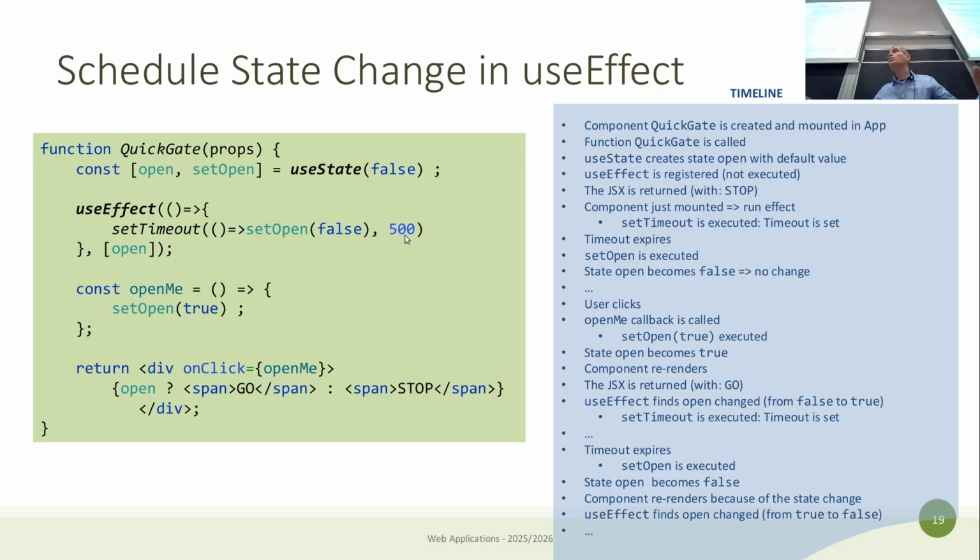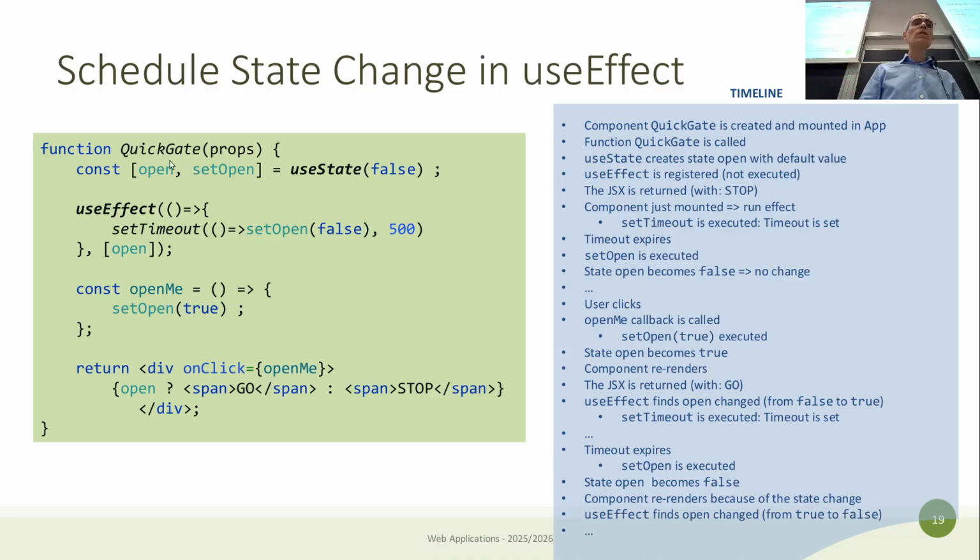Then nothing changes. We don't do anything as a user. And then the 500 milliseconds timeout expires. And so the setOpen function is put in the callback queue of JavaScript. It is executed. It changes the state in React. React knows it because we use the function that React gave us.